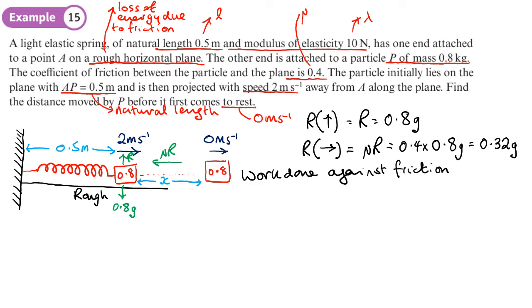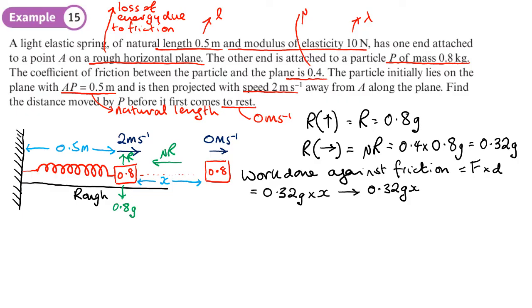The work done against friction is force times distance, so that's 0.32g times a distance of x. So any energy that's lost is going to be 0.32gx.